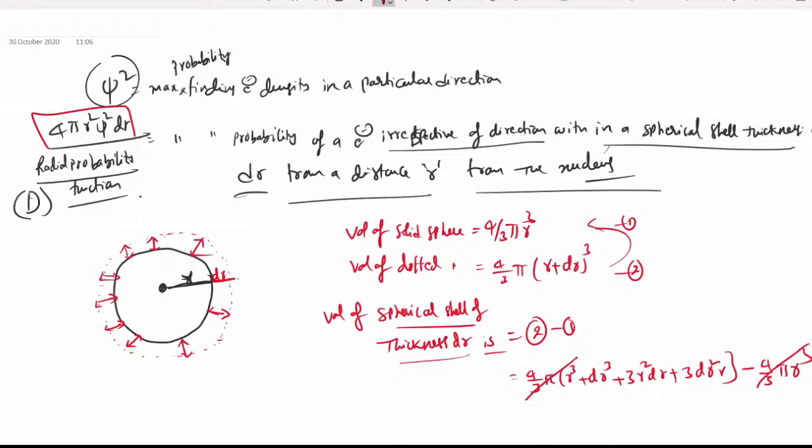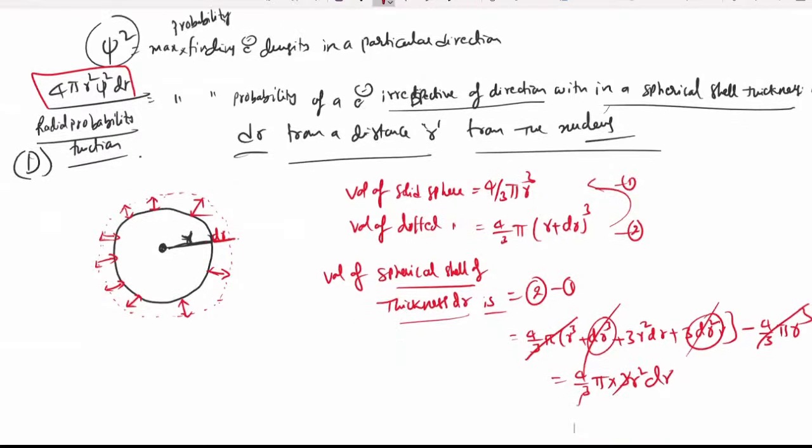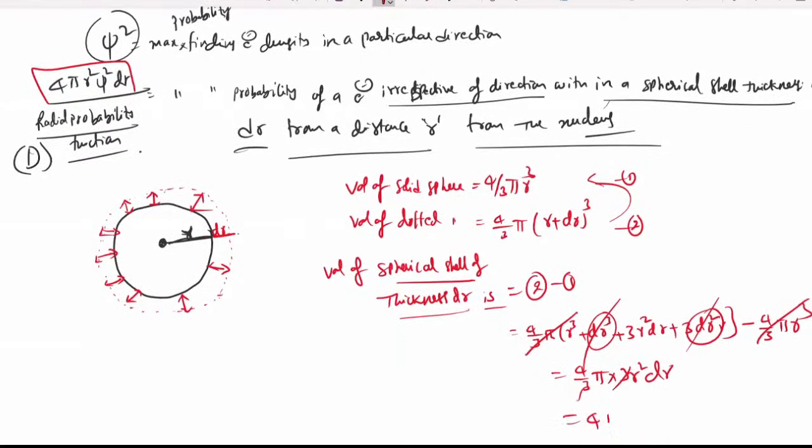Now the 4 by 3 pi r cube terms cancel. Since r is big and dr is very small, the dr cube and dr square terms are very small, so I can't consider them. Now multiply 4 by 3 pi into 3 r square dr. The 3 gets cancelled, and the remaining value is 4 pi r square dr.